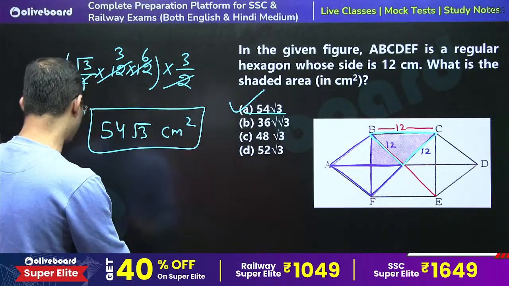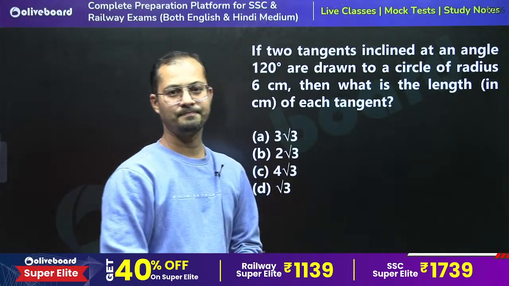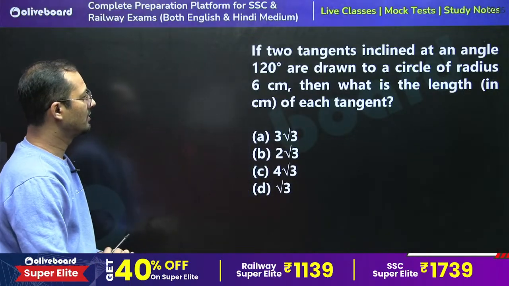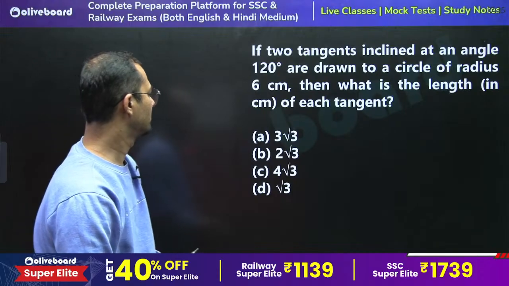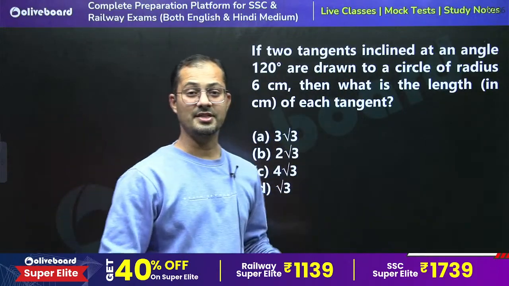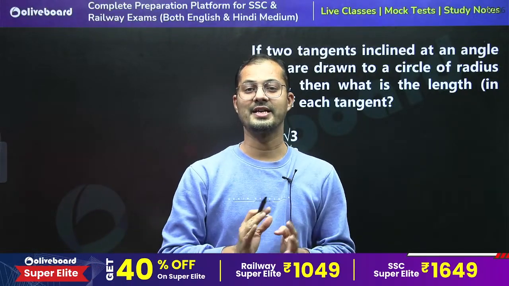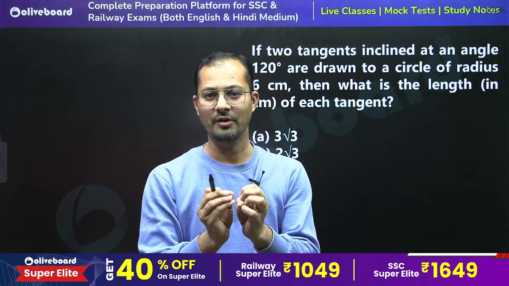So let's move forward. Tell me what is the answer of this question. Again, very good question, right? So many times, especially in the tier 2 exam, you will get a question in the form of disguise. What is the meaning of disguise here?